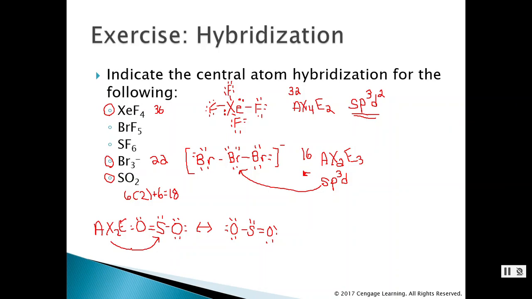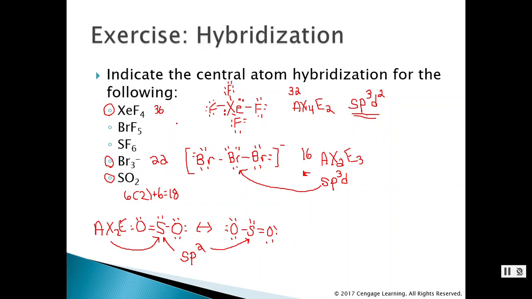So I need to have 3 hybrid orbitals available, and I get that by taking 1 s and 2 p's to give me sp2. So my central atom in both of these Lewis dot structures is sp2 hybridized.